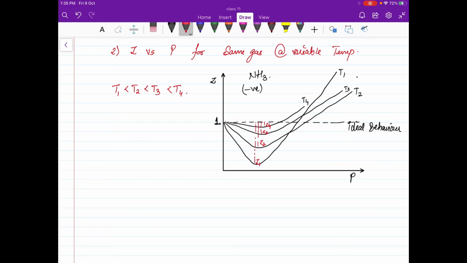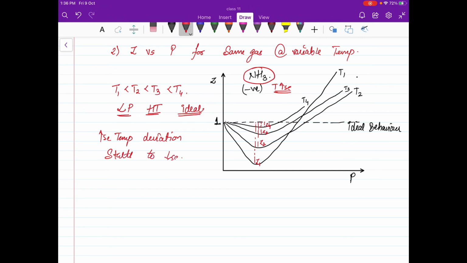The nature of the graph proves the statement that low pressure and high temperature are the conditions for ideal behavior. So for any real gas, if the temperature is increased, you will observe that the negative deviation of that gas starts to decrease. With increase in temperature, the deviation starts to decrease.